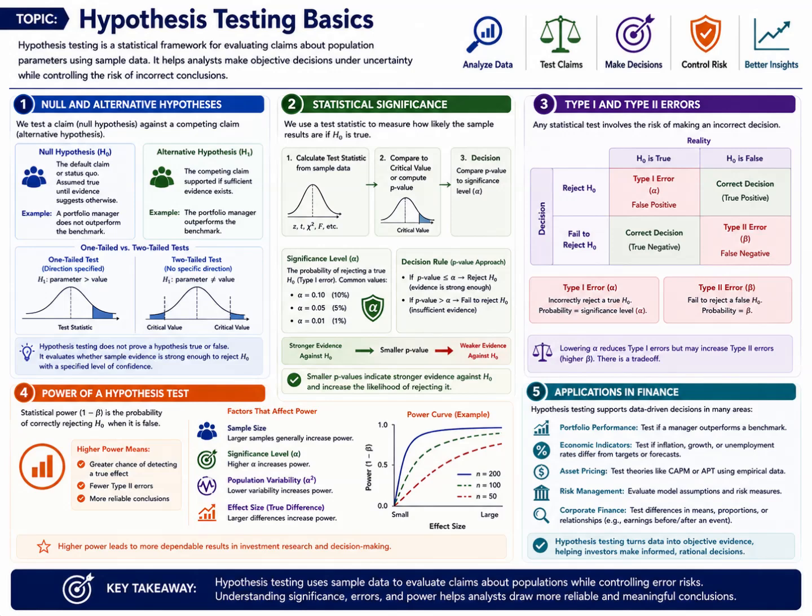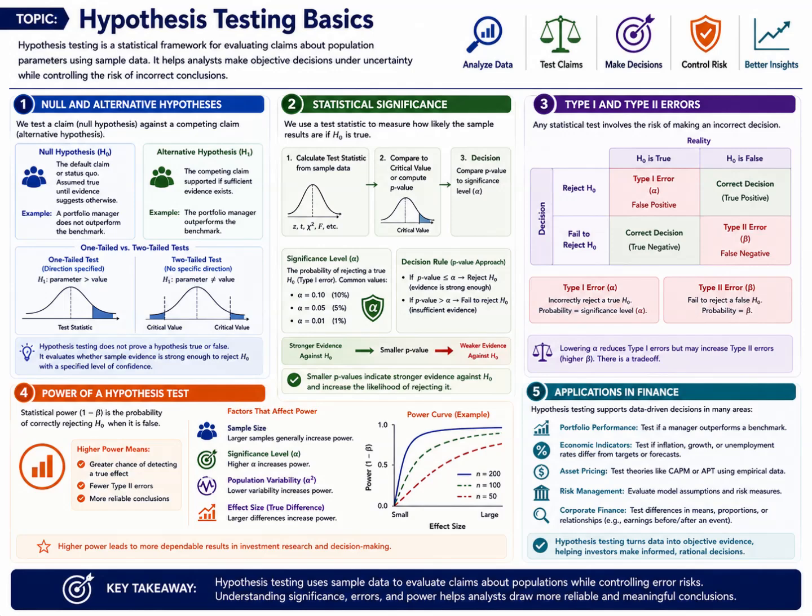Another important topic is the power of a hypothesis test. Statistical power measures the probability of correctly rejecting the null hypothesis when it is false. Higher power indicates a more effective test and reduces the likelihood of type 2 errors. Factors affecting power include sample size, significance level, population variability, and the true difference between hypothesized and actual parameter values.